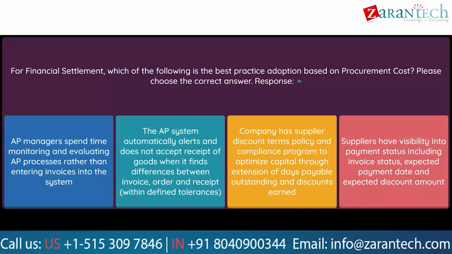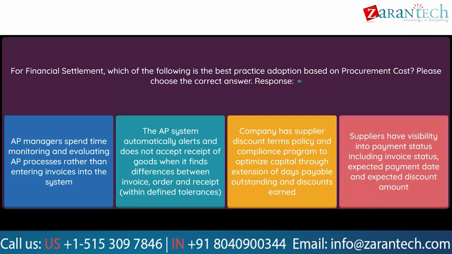Option 2, the AP system automatically alerts and does not accept receipt of goods when it finds differences between invoice, order, and receipt, within defined tolerances. Option 3, company has supplier discount terms policy and compliance program to optimize capital through extension of days payable outstanding and discounts earned. Option 4, suppliers have visibility into payment status including invoice status, expected payment date and expected discount amount.